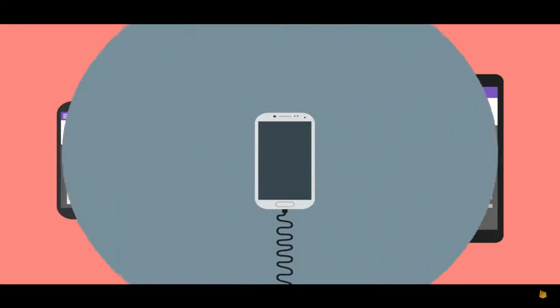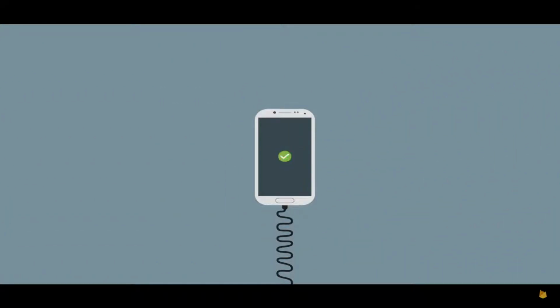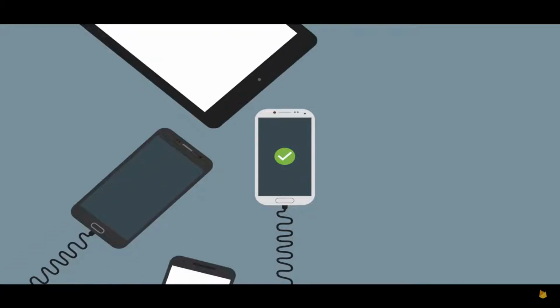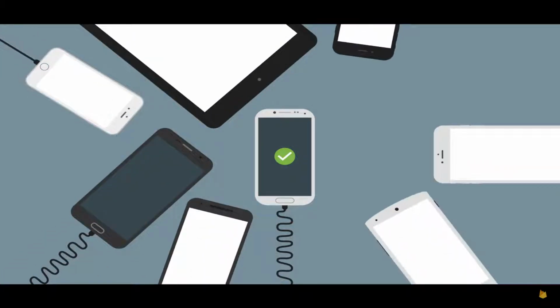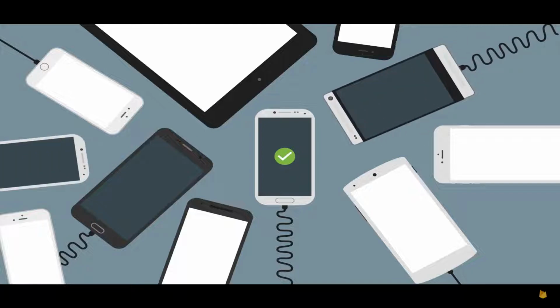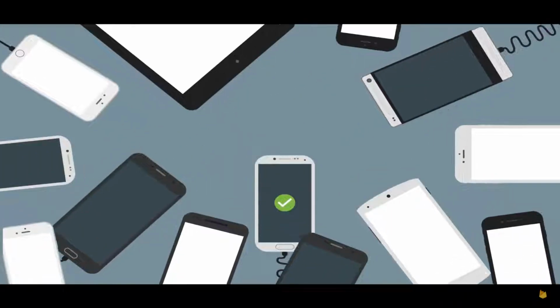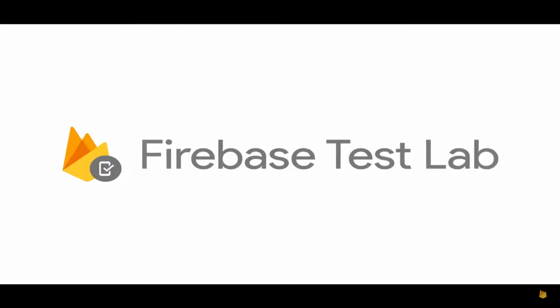It can be taxing to test each one of these situations so that all your users can be happy. We know that you'd rather not have to buy and store stacks of devices to test your app in all these circumstances. That's why we built Firebase Test Lab, to make it easy and affordable for you to test your app with a variety of devices and be sure it works great for all your users.